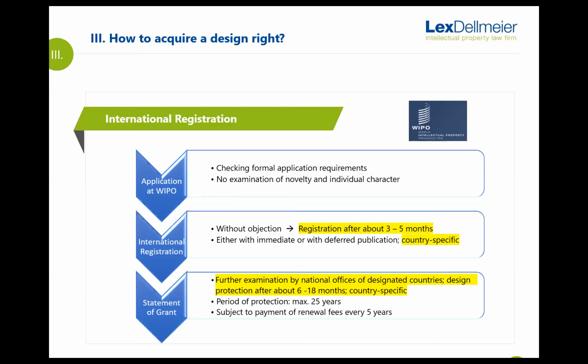You will most likely receive an objection from individual countries that you designate in your application. However, if, at the time you file the international registration, you already have all these different pictures that you might need in individual countries in the application, it makes it easier to split or delete individual things.